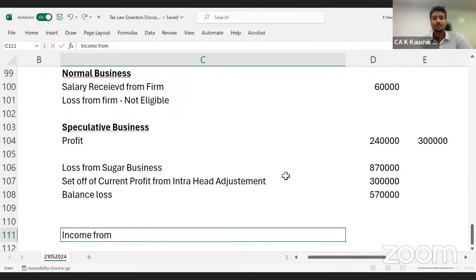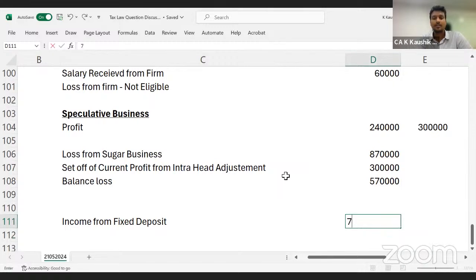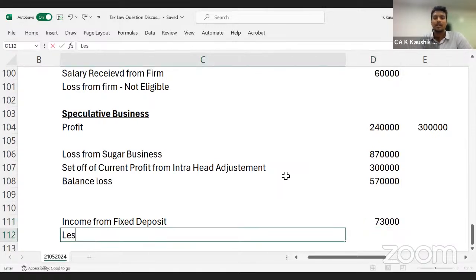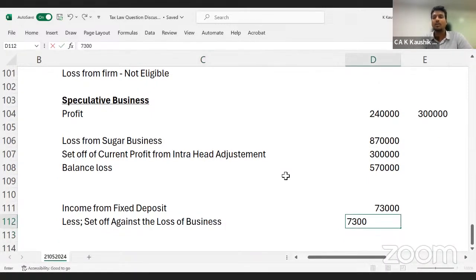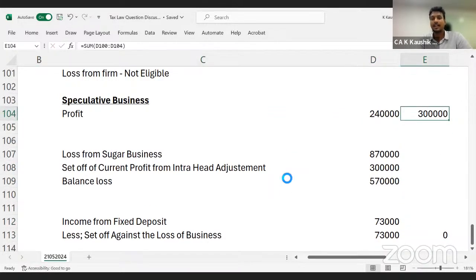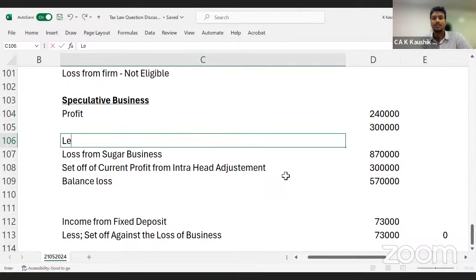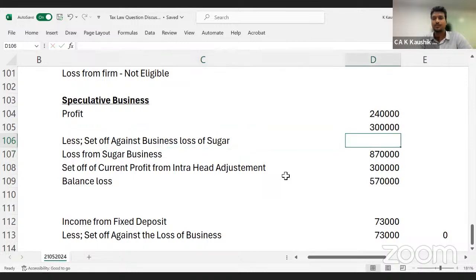Income from fixed deposit is 73,000, less set off against the loss of business 73,000. So nothing is taxable. Here also, let's keep this like this, 3 lakh less set off against business loss of sugar, 3 lakh.